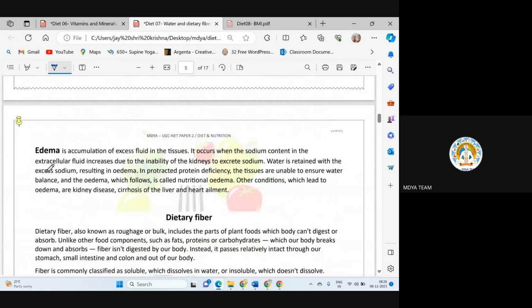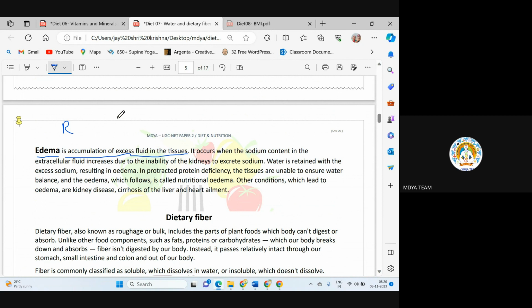Okay, next one is edema. Edema is retention of water in our skin. There will be swollen skin, swollen legs, swollen hands because of retention of excess fluid in the tissue. So what will you do if you are having edema?